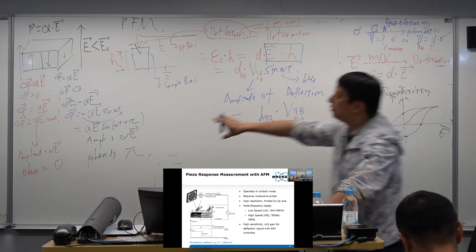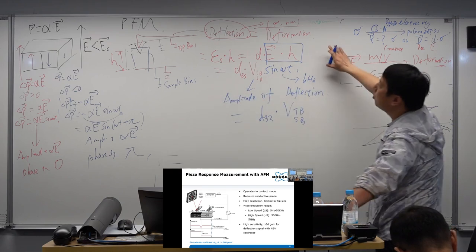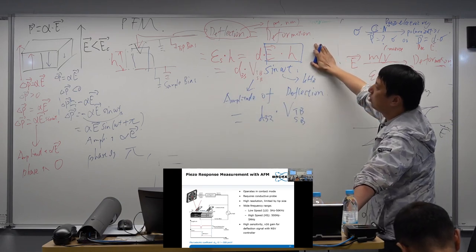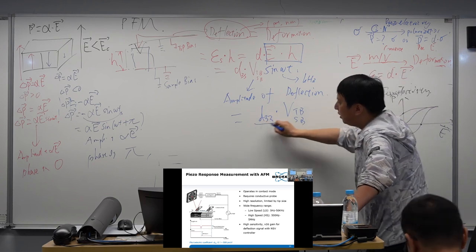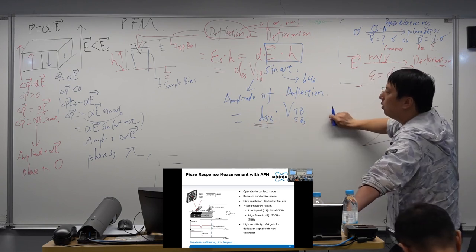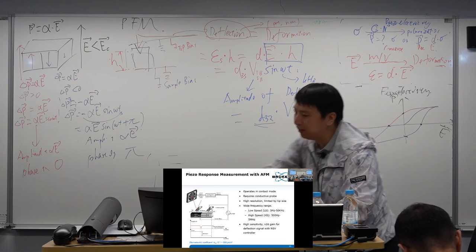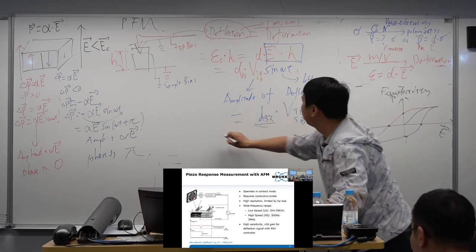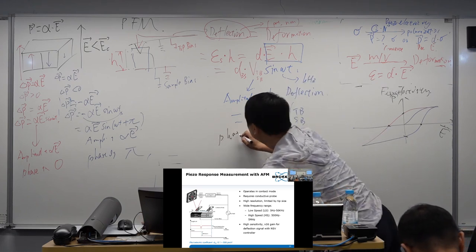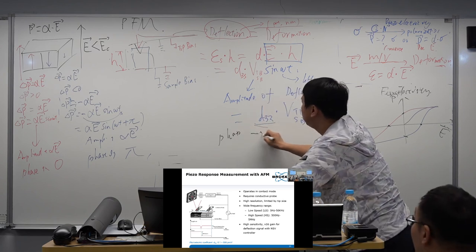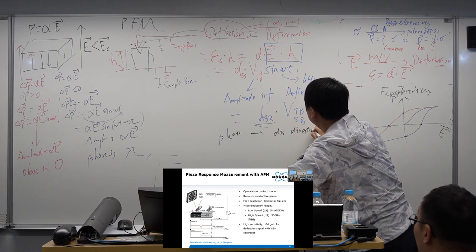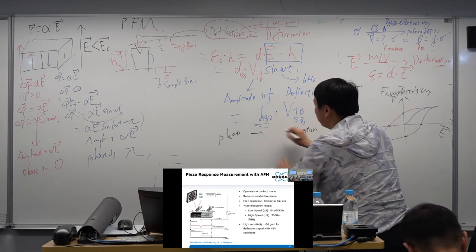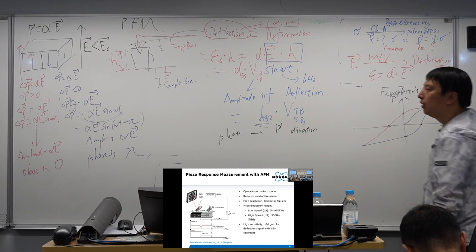So we get back to the PFM. We can use the amplitude to get the D33, and then we can use the phase to get the D33 direction, or the polarization's direction.